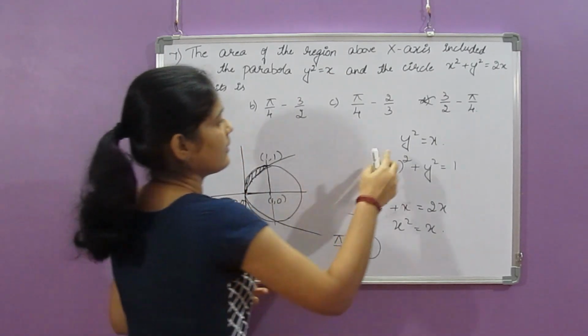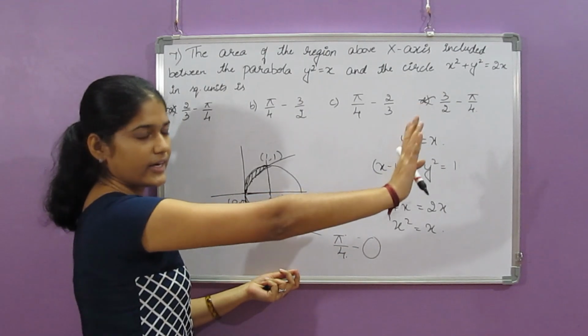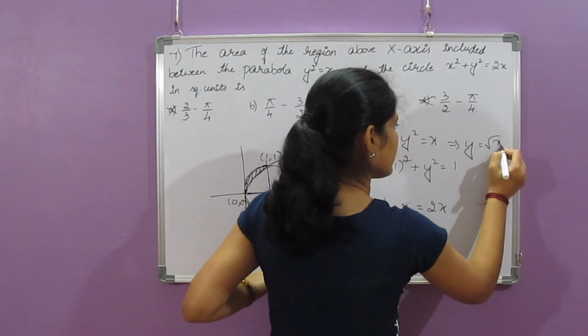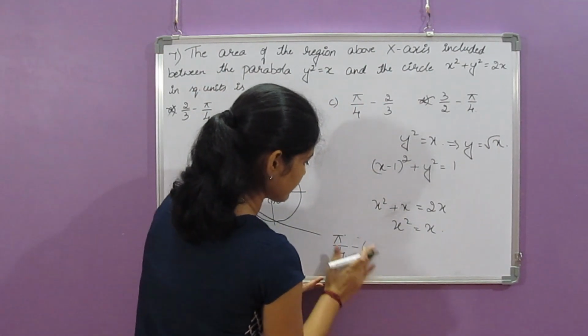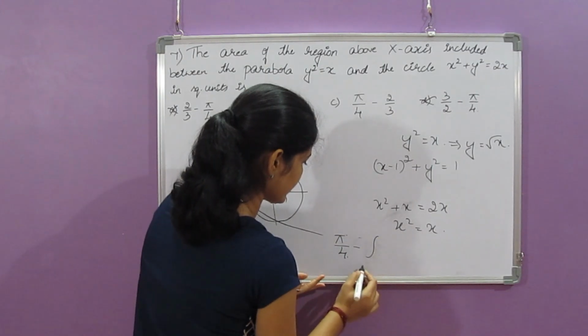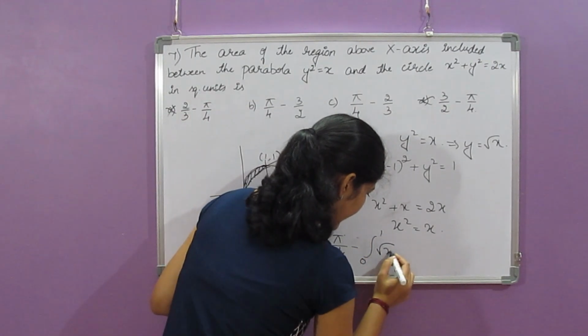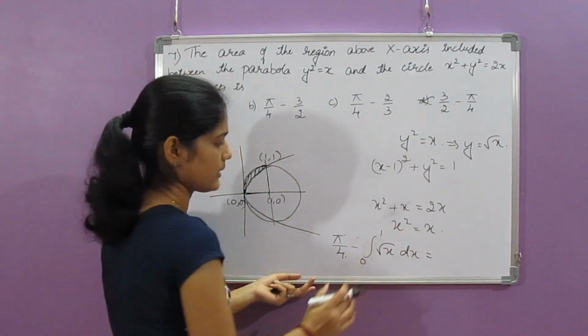The equation of the parabola is y square is equal to x. Then y will be root x. So pi by 4 minus, we have to find the integration from 0 to 1 of root x dx. That means what will this be?